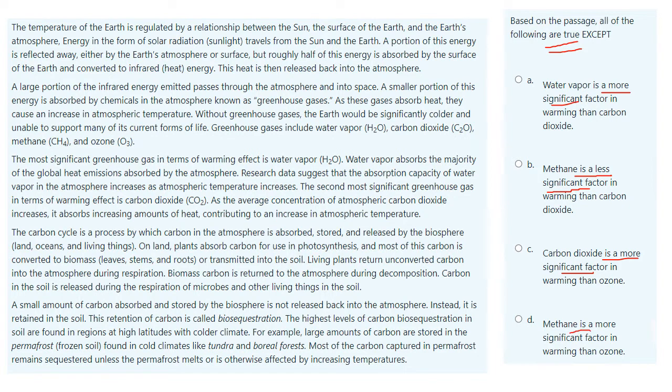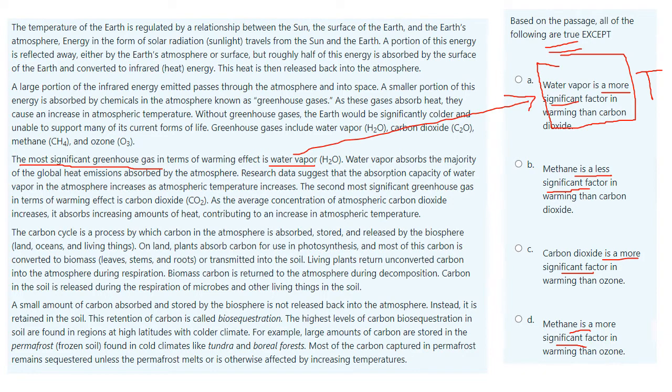Or methane is a more significant factor in warming than ozone. So the most significant greenhouse gas is water vapor. So water vapor is more significant than all of the others. This one is true. So it cannot be the right answer.